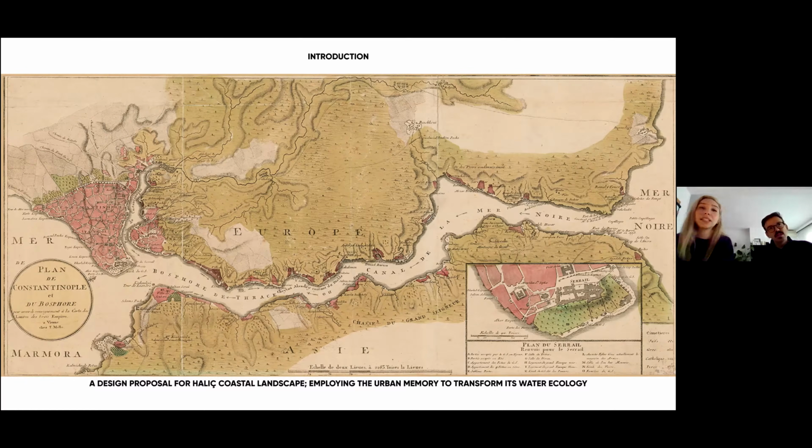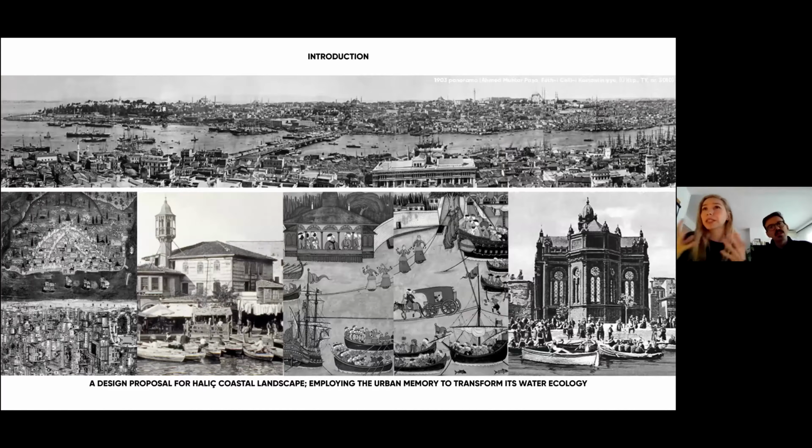Throughout the history, it's turning Haliç into an area where, at the end of the day, it's a piece of geography. It's a very unique piece of geography where the 2 rivers are coming and it's opening up and it's leading towards the big waters, okay? And it's a very unique geographical situation.